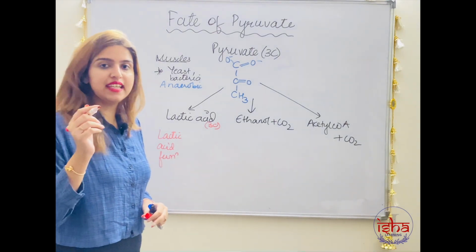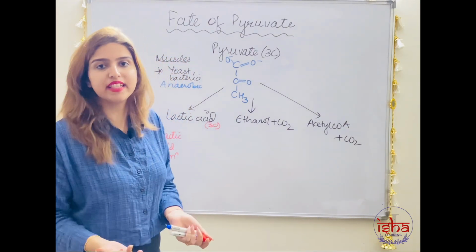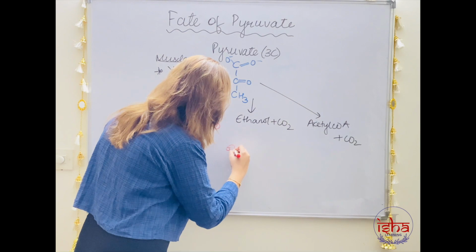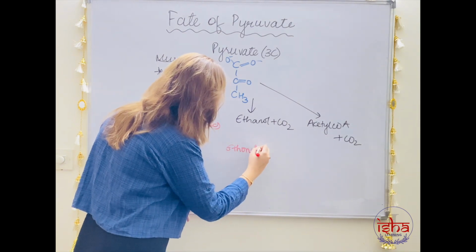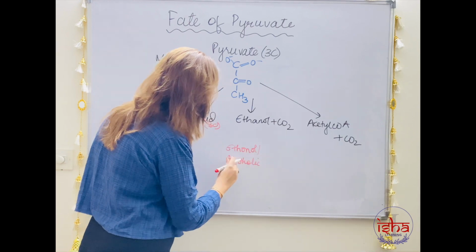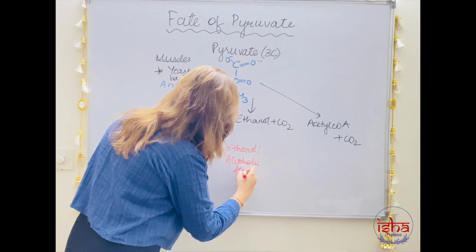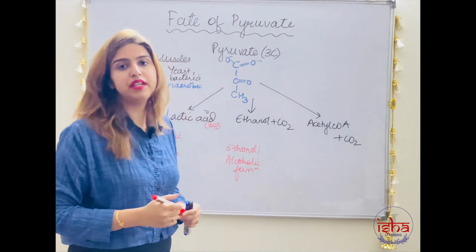Okay. In the second case, we see ethanol is being formed. As you would expect, this is known as ethanol or alcoholic fermentation. Why? Because ethanol is actually an alcohol. So this is known as ethanol or alcoholic fermentation.